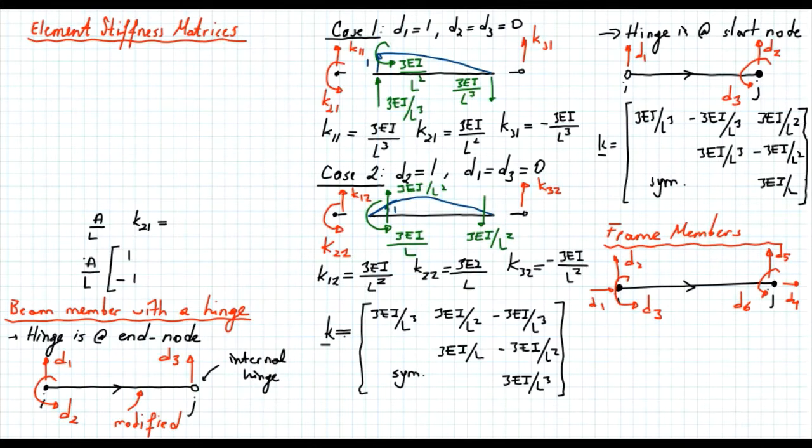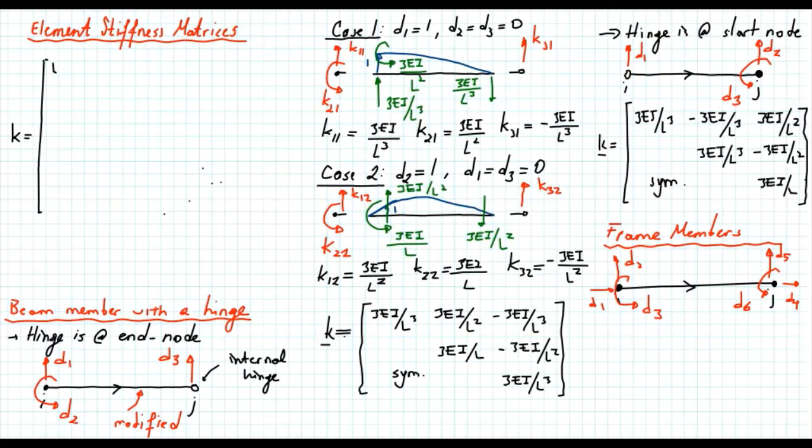It's the combination of the truss member stiffness matrix and the beam member stiffness matrix, and we will end up with a stiffness matrix as follows. So K is equal to a 6x6 matrix.